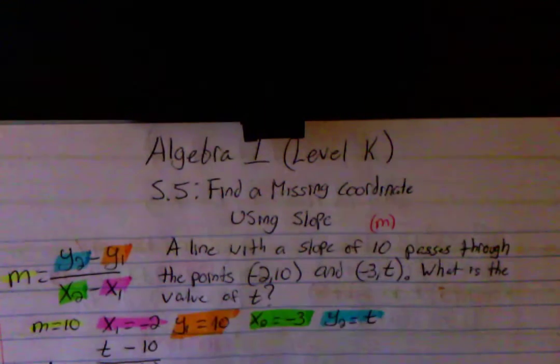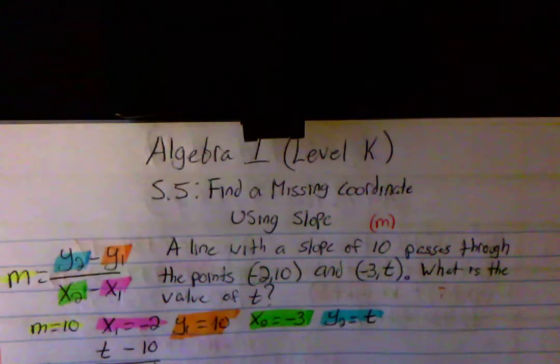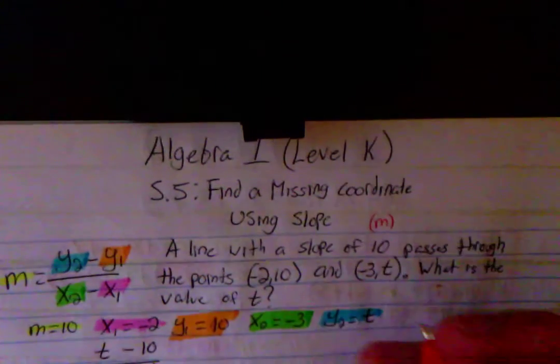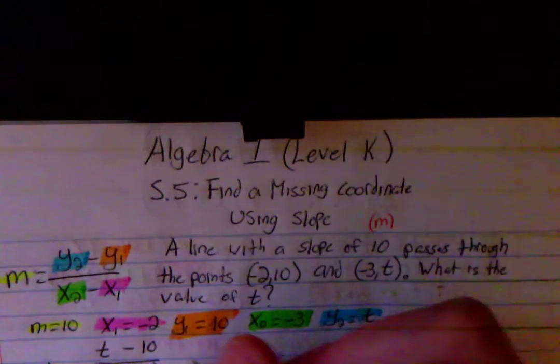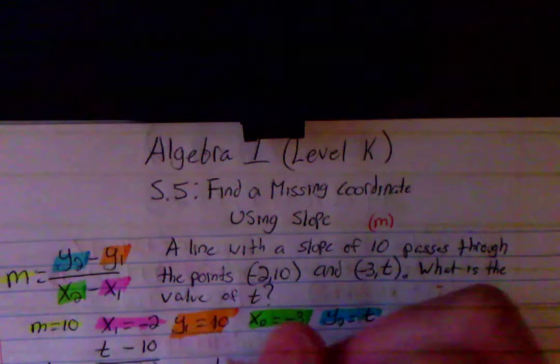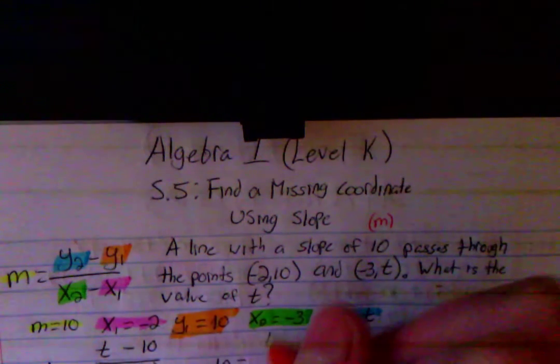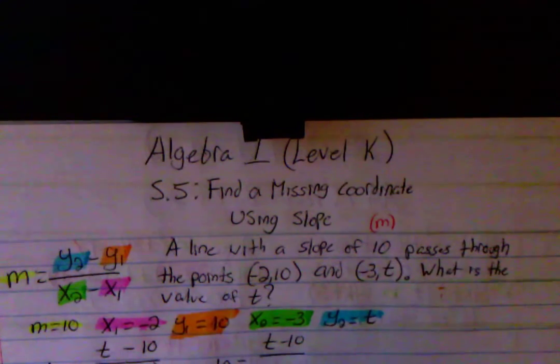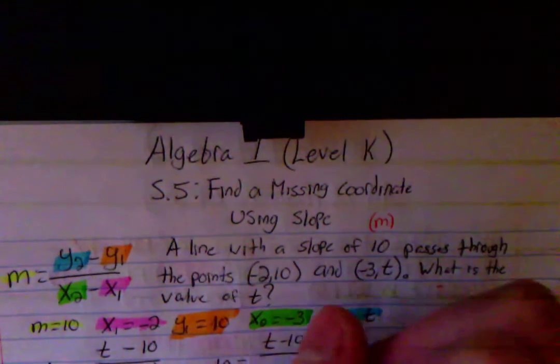Make sure you put a parenthesis around -2 because you have a minus sign and a negative, you need to keep them separated. So if I were to simplify, I still would have 10 equals t minus 10, -3 minus -2 is -1.